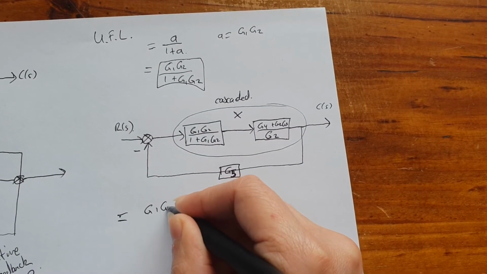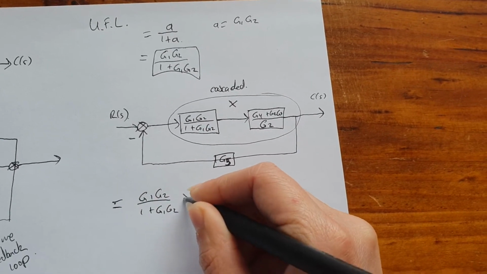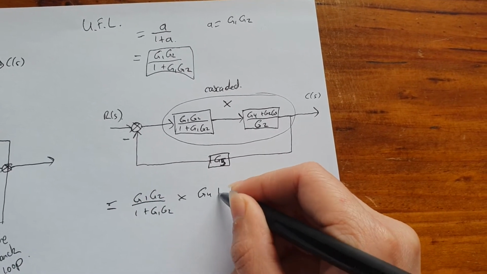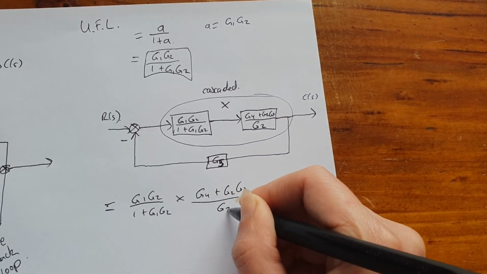G1, G2 over 1 plus G1, G2 times G4 plus G2, G3 over G2.